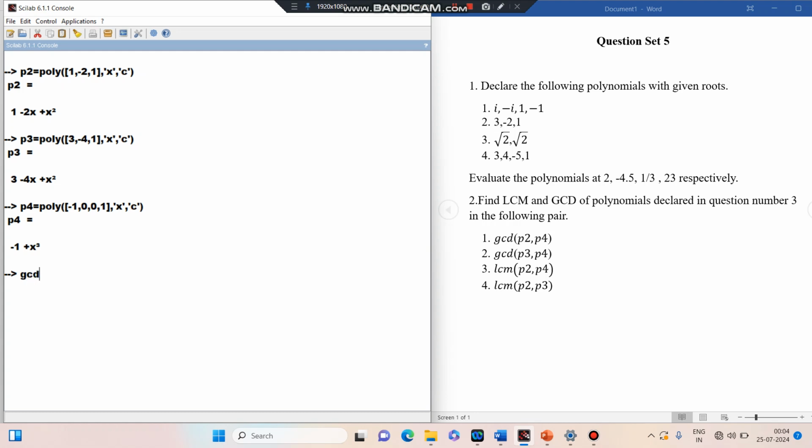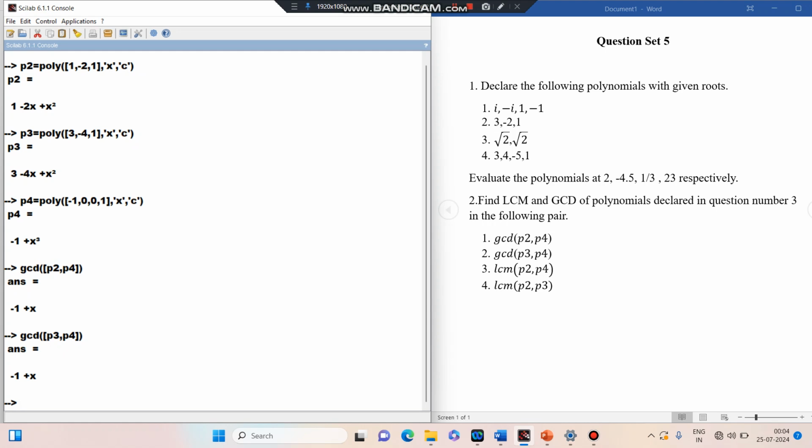Let us write gcd in the bracket, the square bracket and the two polynomials which you want, P2 comma P4. So the GCD is a common factor which is x minus 1. Next we want to find the GCD of P3 and P4, and it is also x minus 1.